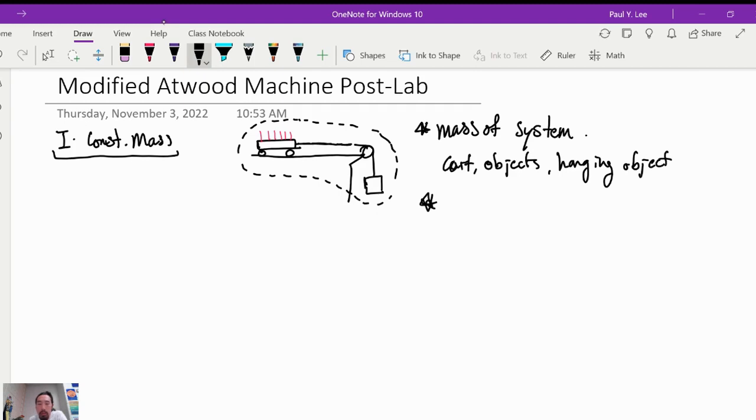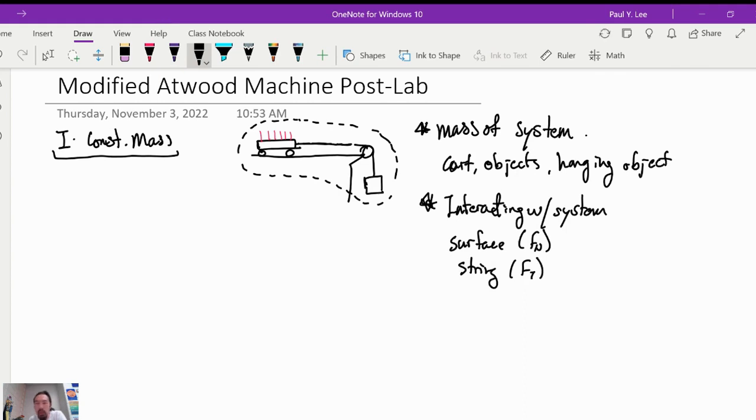Now, if we're looking at all the things that were interacting with the system, these are all the things that we will put on an interaction diagram. We will say, okay, so we have the surface, and for the surface, we will call that the F of n, or the normal force. We would have the string, which we will call the force of tension, and we would, of course, have the earth.